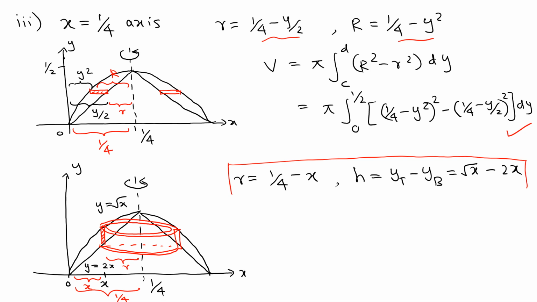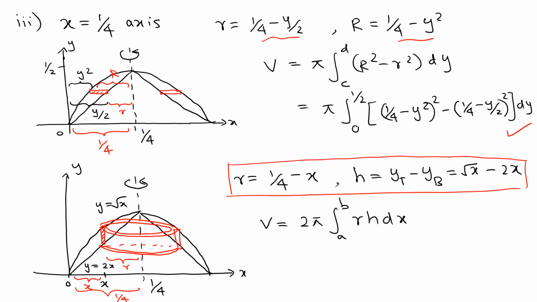Now what we're going to do is plug into the cylinder's formula. The cylinder formula is V equals 2 pi, whatever the x limit is going to be, so if we say a to b, r h dx. So that's the formula. Let's plug in. You get 2 pi, the x limit is going to be 0 to 1/4.